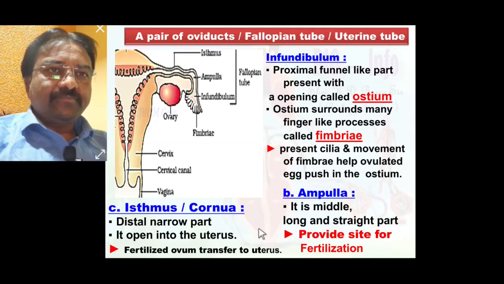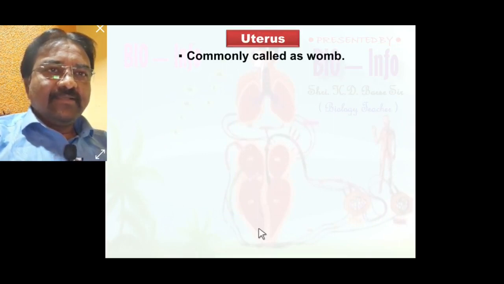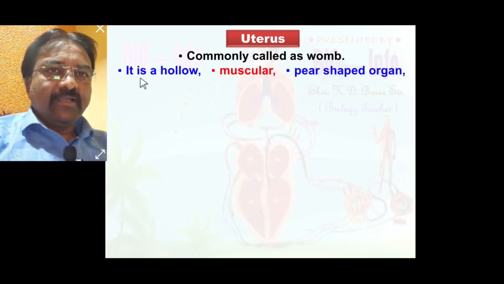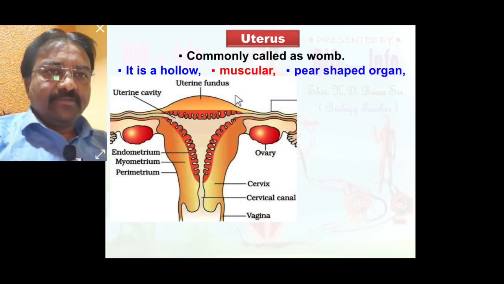Now the second accessory duct is known as the uterus, commonly called the womb. It is a hollow, muscular and pear-shaped organ, seen in the diagrammatic representation. It consists of the upper dome-shaped fundus, the middle body and the distal cervix.